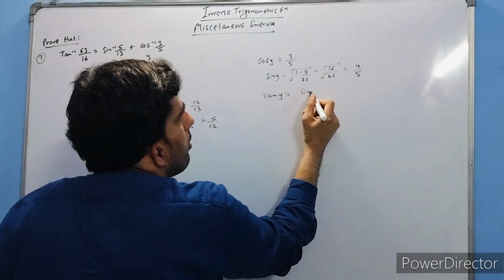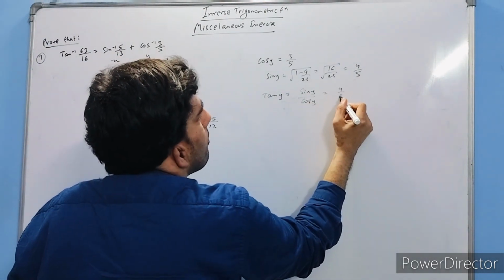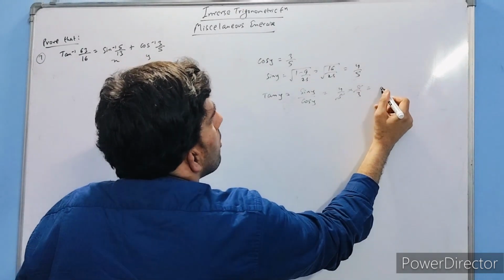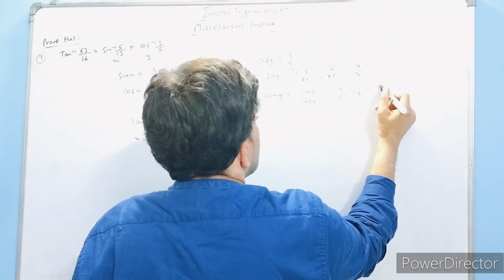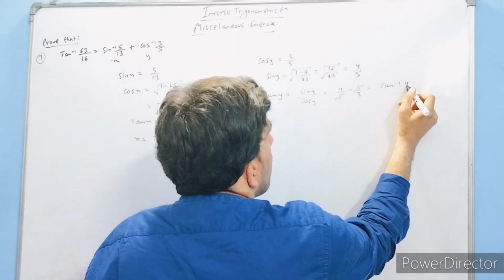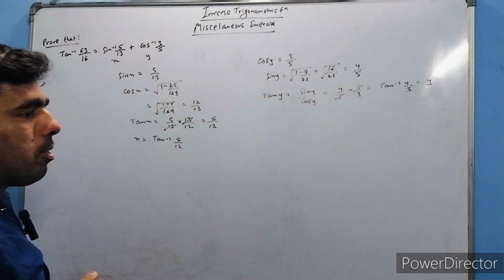So we have sin y upon cos y is equal to 4 upon 5 into 5 upon 3. So I got, what is it, 4 upon 3? So I got tan inverse 4 upon 3 is equal to y. So I got this.